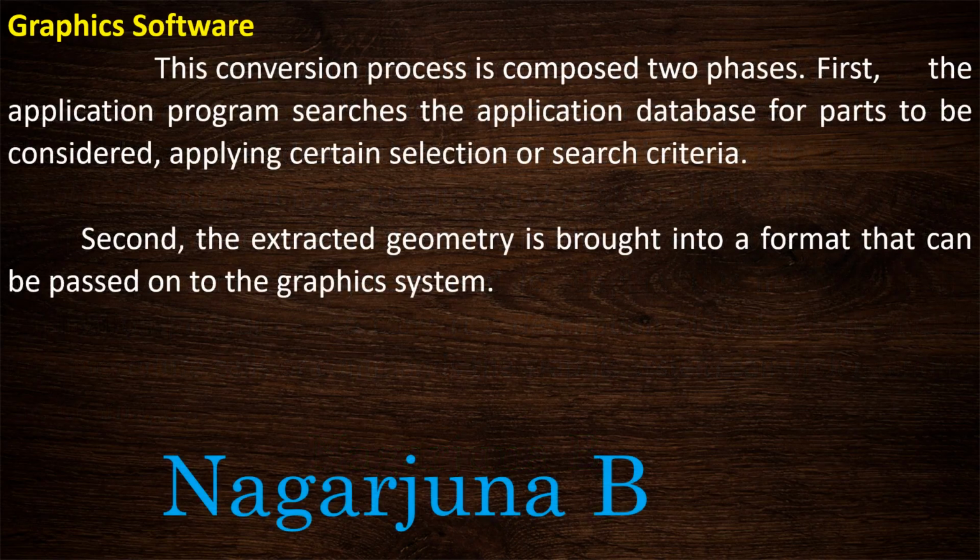How will the application program do this? As I told, it will be converting the application model to an input which can be given to the graphic system. This conversion process, that is, the description of a model converted into procedure calls or commands, is composed of two phases.